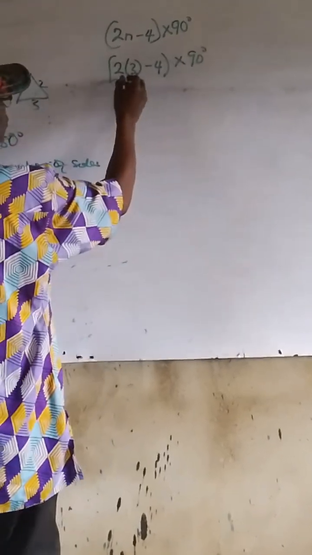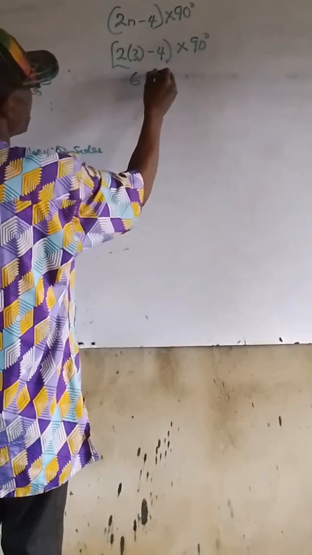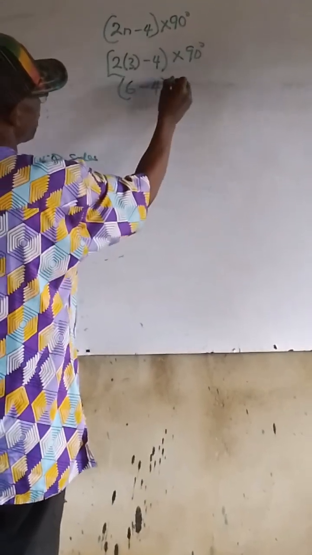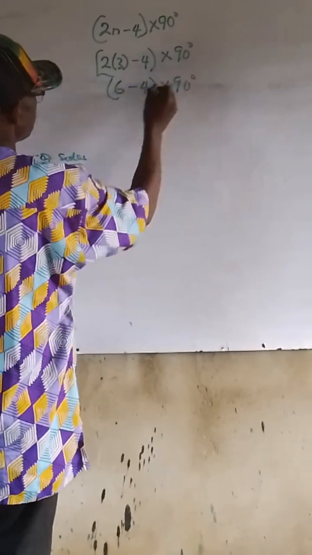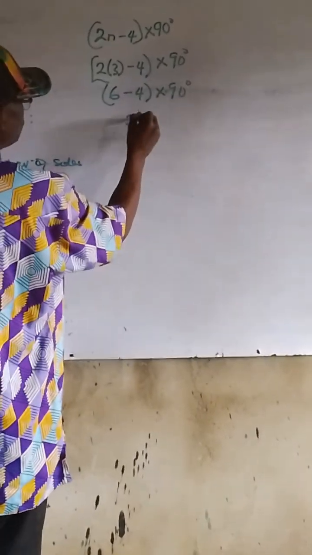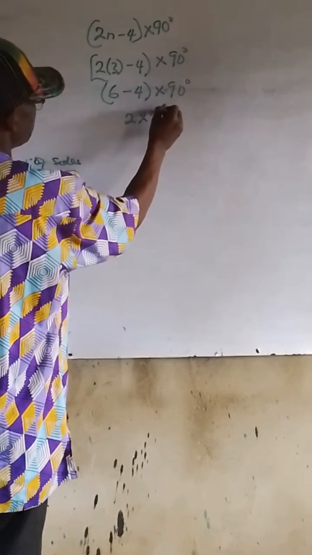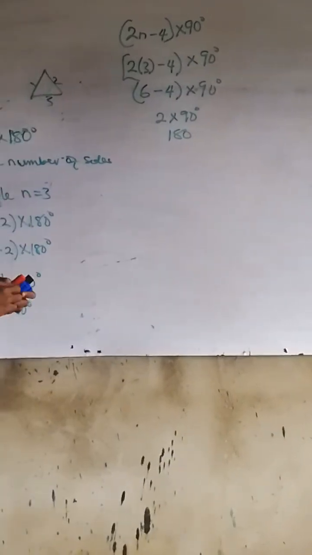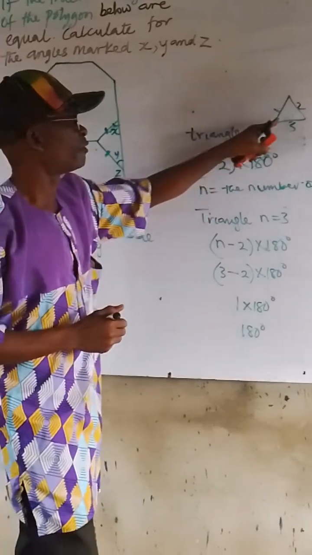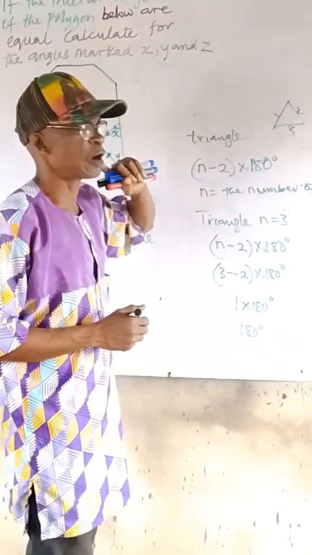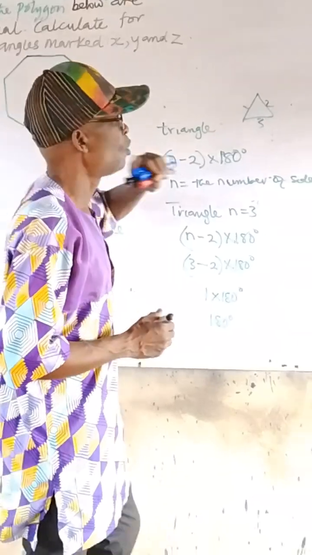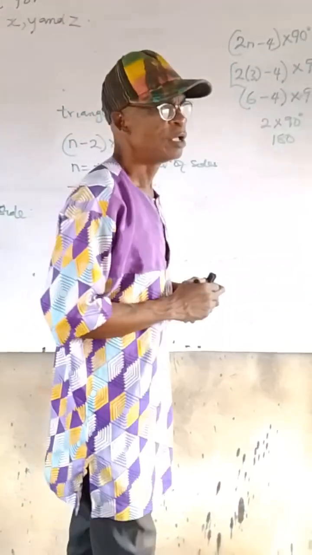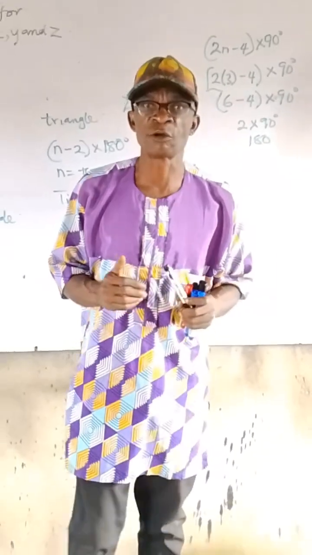So 2 times 3 gives you 6, minus 4 gives you 2, times 90 degrees. So the result is 180. This simply means that the total sum of the three angles involved in a triangle add up to 180 degrees. But don't forget that we have three types of triangles.